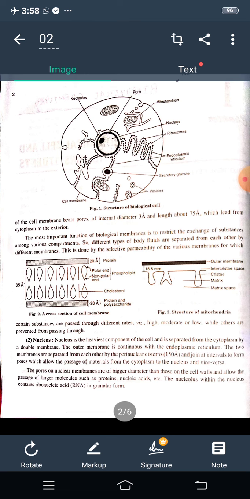The pores on the nuclear membrane are of bigger diameter than those of the cell wall and allow the passage of large molecules such as proteins, nucleic acids, etc. The nucleolus within the nucleus contains ribonucleic acid, RNA, in granular form.